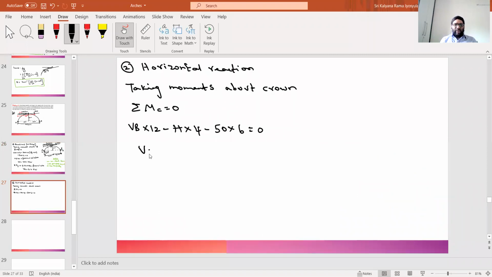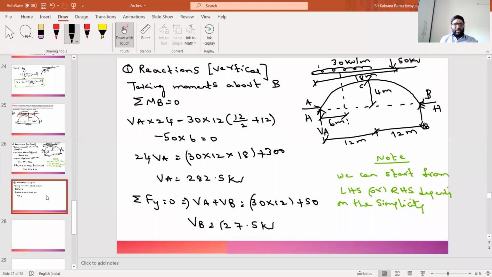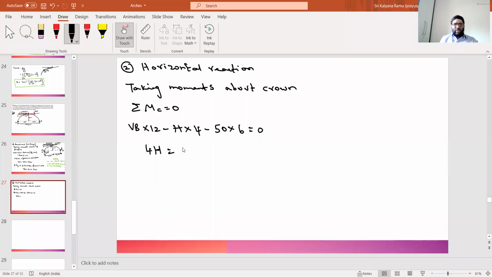So VB is already known to us. So 4H is equal to, what is VB? VB is 127.5. So 127.5 into 12 minus 300, divided by 4, that will give 307.5.